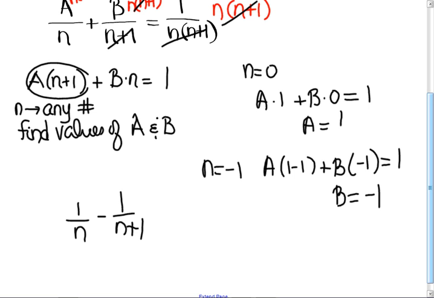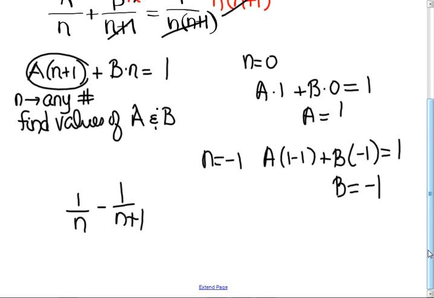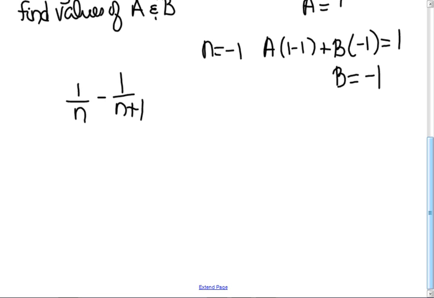Well, we can do it. Is that equal to 1 over n times n plus 1? Okay, what are the common denominators? Eric? What do I multiply this one by? N plus 1. What do I multiply this one by?